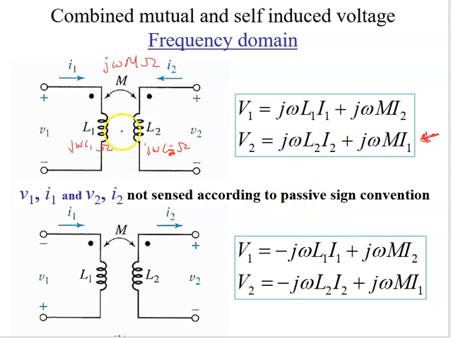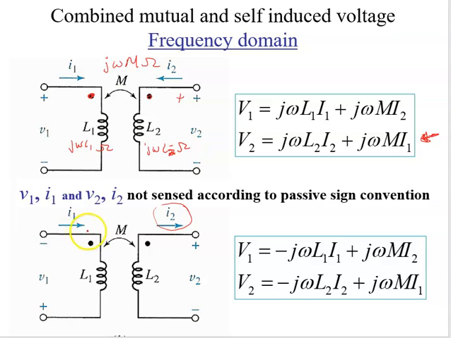So again, these two are set up such that our mutually induced voltage has the same positive sense. For V1 and V2, again, our mutually induced voltage over here, since I1's flowing into this terminal, we have a positive at the top. Down here, we turned around, we changed the direction of I2.